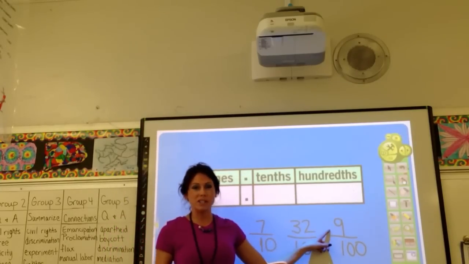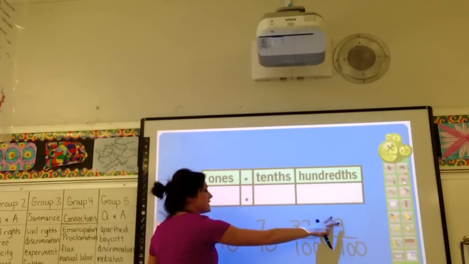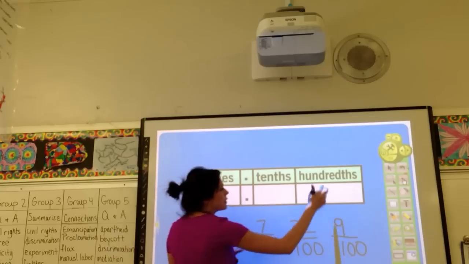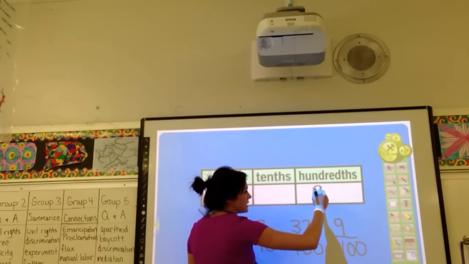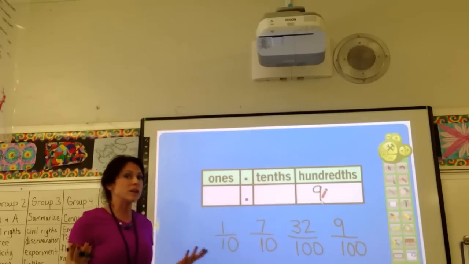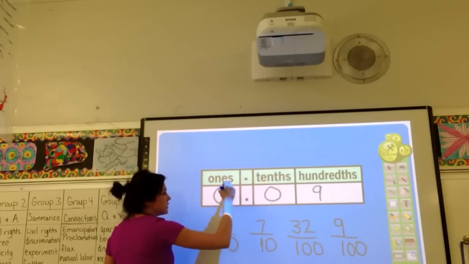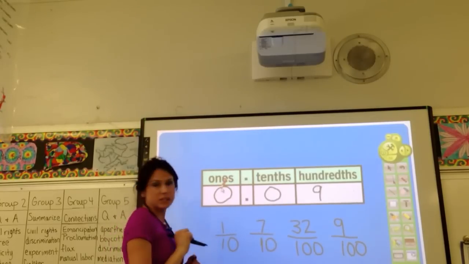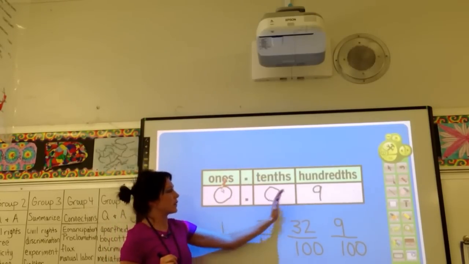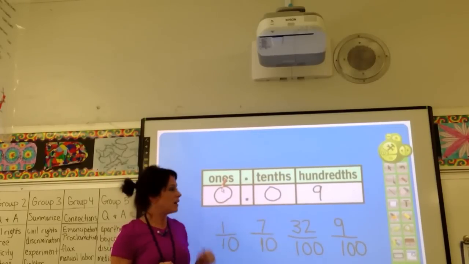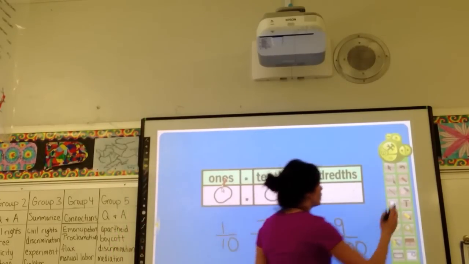I only have one digit this time, but I know that that digit has to go in the hundredths place, so I'm going to do that first. I'm going to put 9 in the hundredths place. And since that's my only digit, I put zeros in the other two places just as placeholders. So it's 0.09, and the 9 is in the hundredths place, so I know that that is 9 hundredths. All right, let's move on.